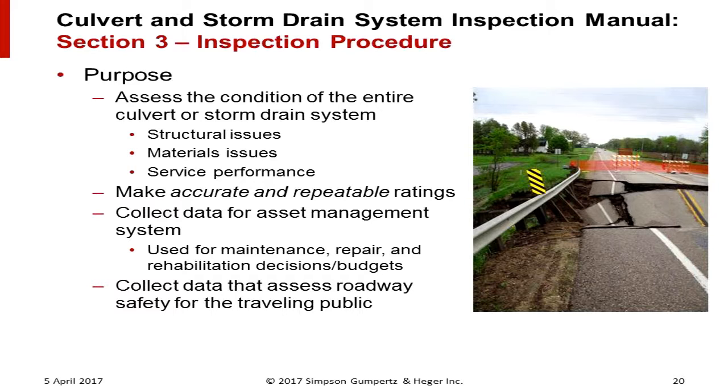So purpose, obviously we need to assess the condition of the entire culvert and storm drain system. This includes the barrel, the waterway leading in and out of the culvert, looking for structural issues, material issues, and also service problems. That would include issues that would be taken care of by maintenance forces as well. So we need to make accurate and repeatable ratings.